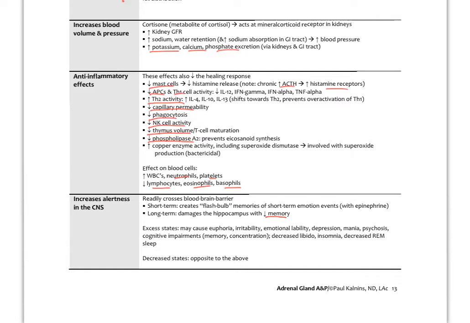And so we might see things with more irritability, emotional lability, depression, mania, psychosis, different cognitive impairments, and then overall maybe a suppression of melatonin, things like insomnia, decreased REM sleep, and decreased libido with depression of your sex hormones, especially androgens. In decreased states, we might see the opposite effects of cortisol. So that is more apathy, lethargy, sort of chronic fatigue. So that's some of the effects of cortisol on the brain.